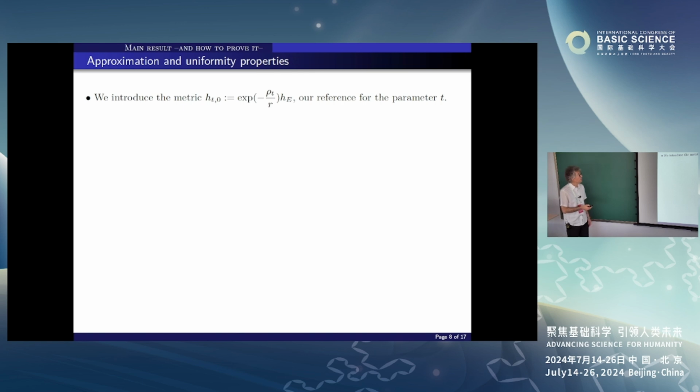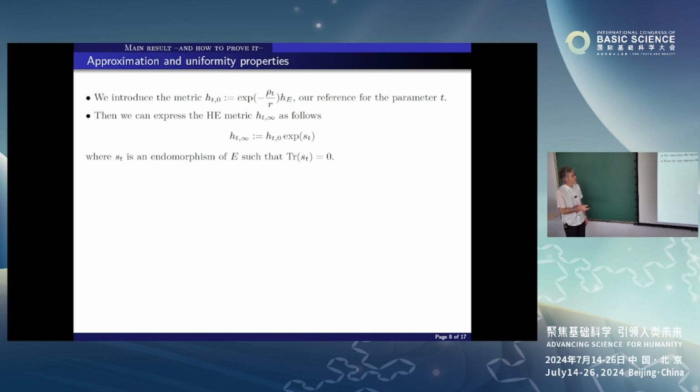So if you remember how you prove the existence of Hermite-Einstein metrics in the usual situation, you always start with a metric for which the determinant is already Hermite-Einstein, and that's exactly what we do here. And then our solution, for each t, can be expressed as follows.